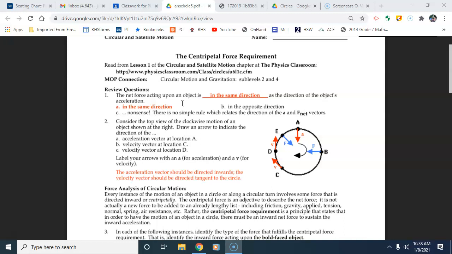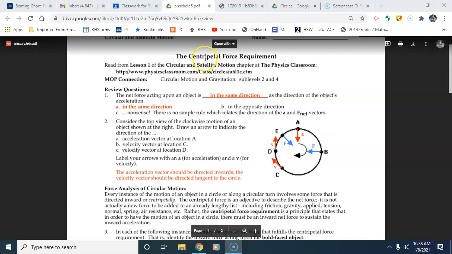So if there's only one force involved in making something go in a circle, that one force is the net force, and it points towards the center too. Therefore, since its acceleration is called centripetal, which means towards the center, in this case the force is centripetal, which just means points towards the center.